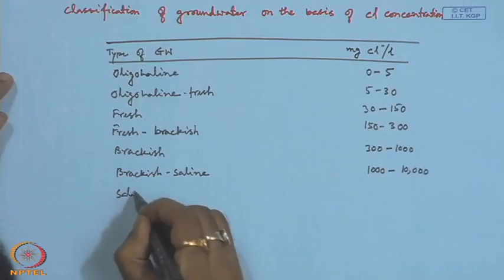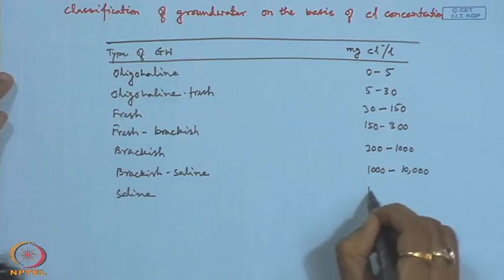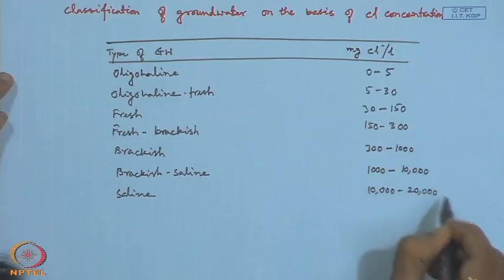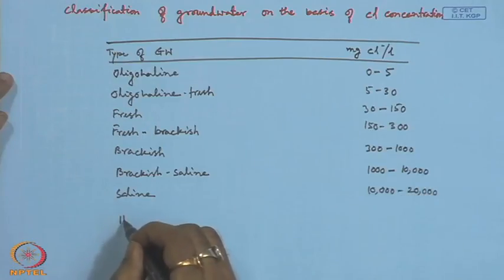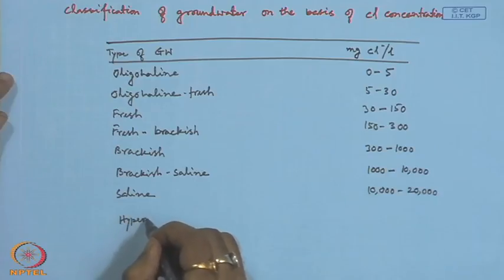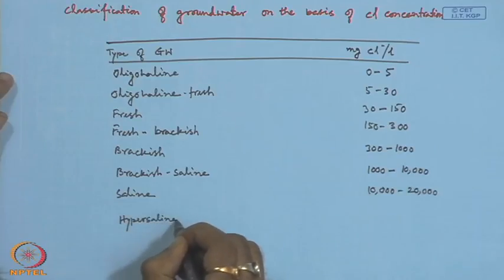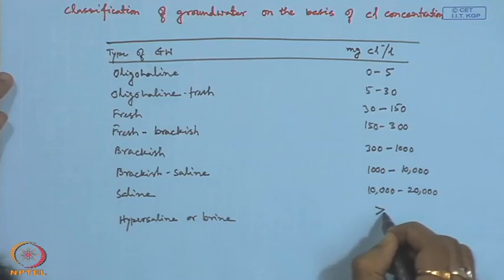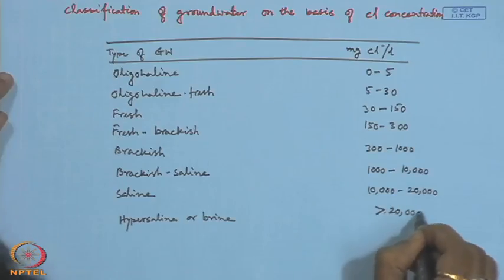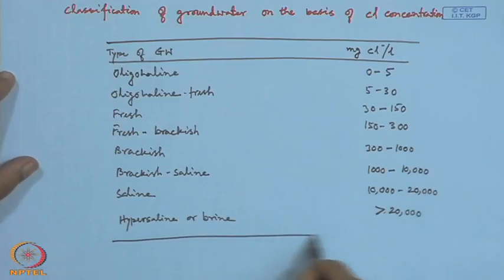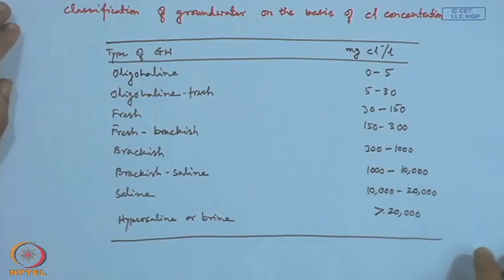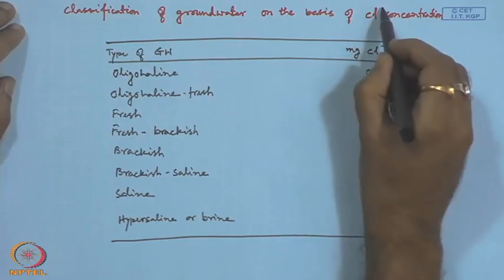Then saline, we have the range 10,000 to 20,000, and the final range is hypersaline or brine, which is greater than 20,000. So, this is the classification of groundwater on the basis of chloride concentration.